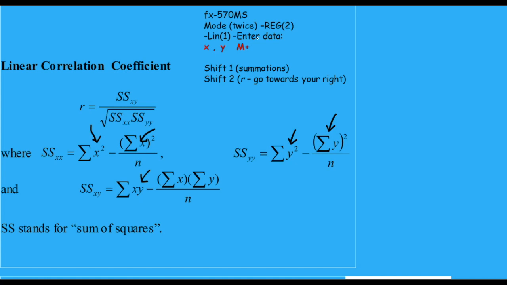If we have the FX570MS, you would press mode twice and then select regression and select lin for linear regression, and then you would enter your data, x, y, press M plus up to the end of the data set, and then you press shift 1 or shift 2 to find the summation values of x and y, or to find the value of r.